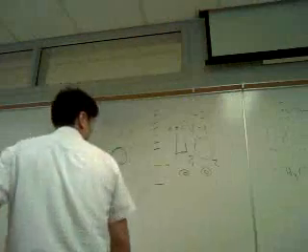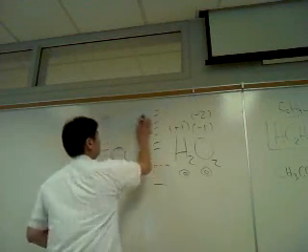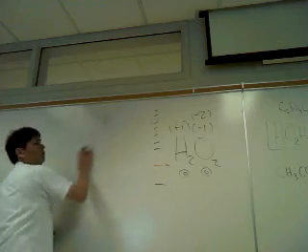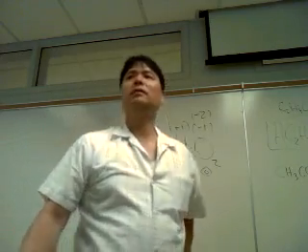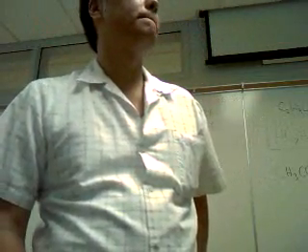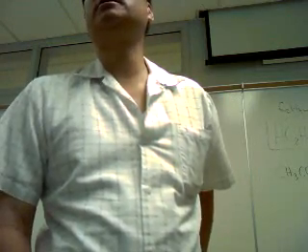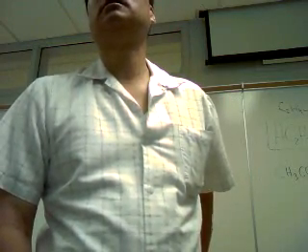At the end of chapter 10, or chapter 11, do you remember there's one section that talked about the limitations of valence bond theory?